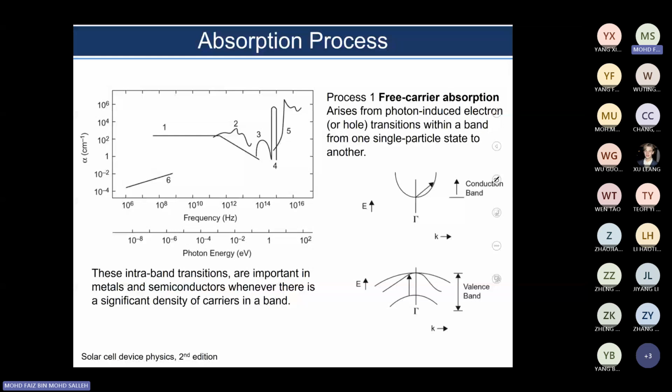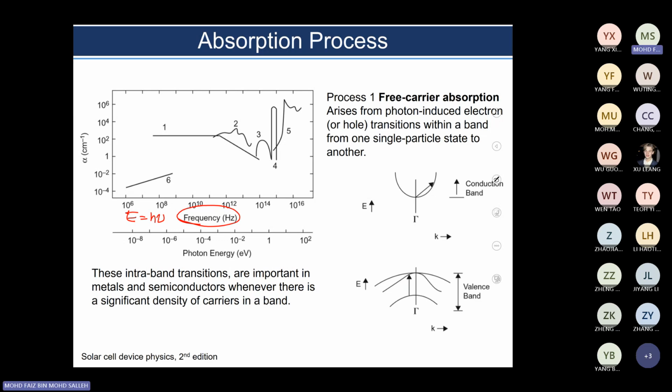Why do I want to recall that? Because we need to know what kind of absorption process can contribute to the photocurrent. So it depends on the energy that we supply. E equals h nu. You increase the frequency, you increase the energy of the photon.